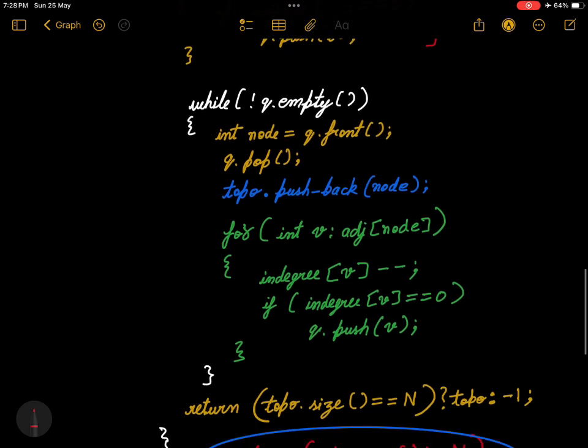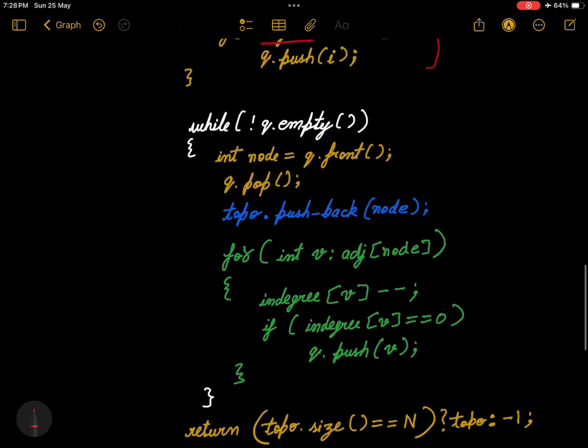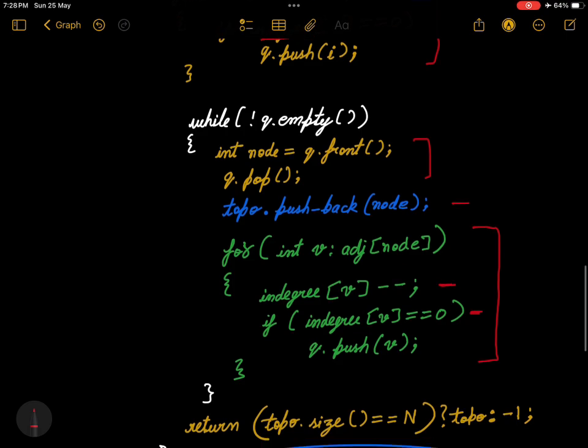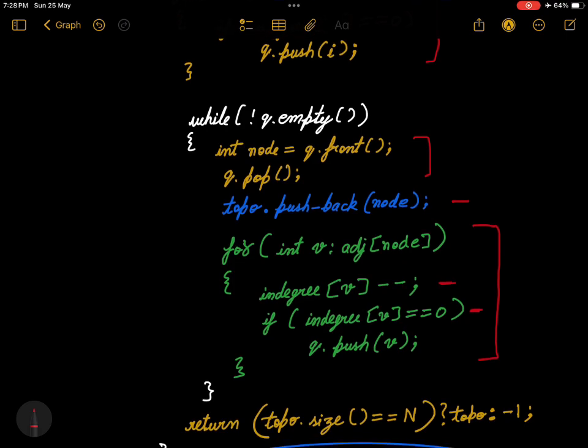Then we do our traversal. We will first get the node, pop it out, process it, and then we will check for its neighbors. Because we already processed their parent, we will reduce their in degree by 1. And if their in degree became 0, which means they became independent, then we will push them into our queue for further processing in the next cycle of the loop.